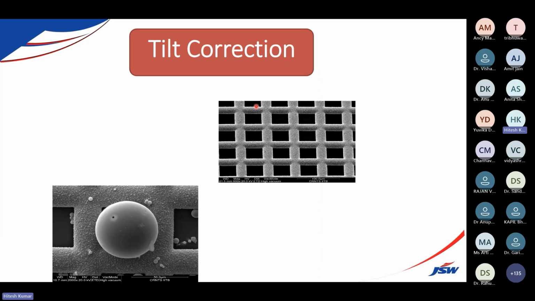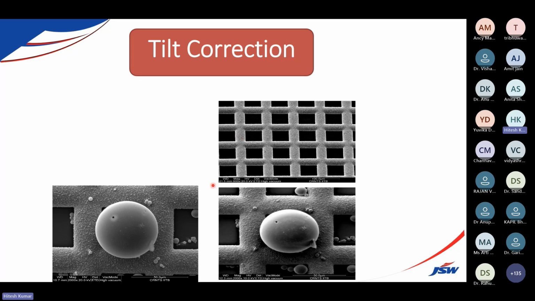But when the tilt correction takes place, you'll see the gold particles onto the surface. So this is the difference of the tilt correction. These are the images which we took during my stay in IITB, before tilt correction and after tilt correction.